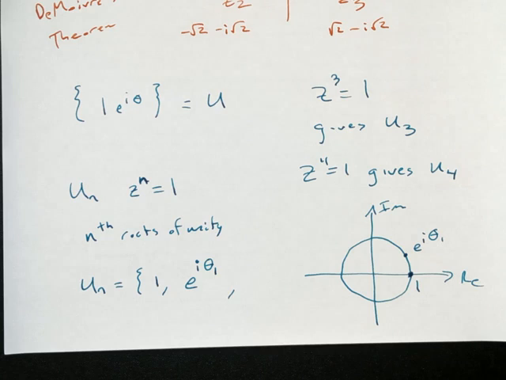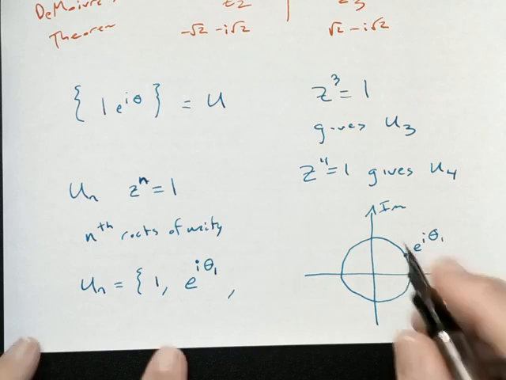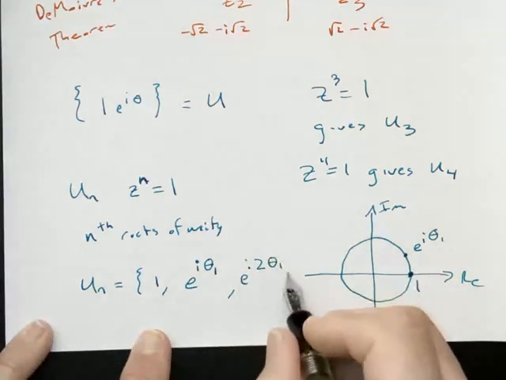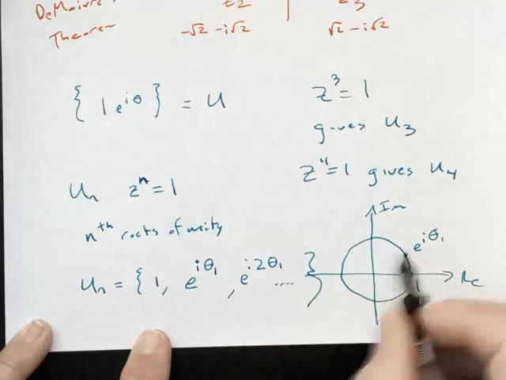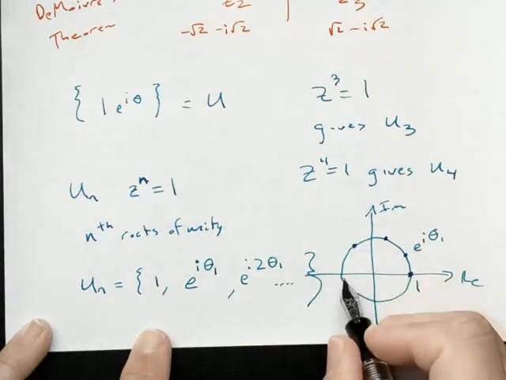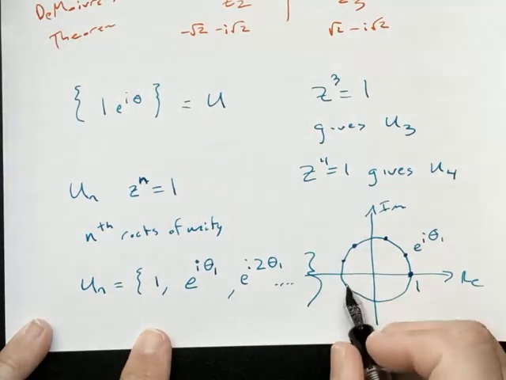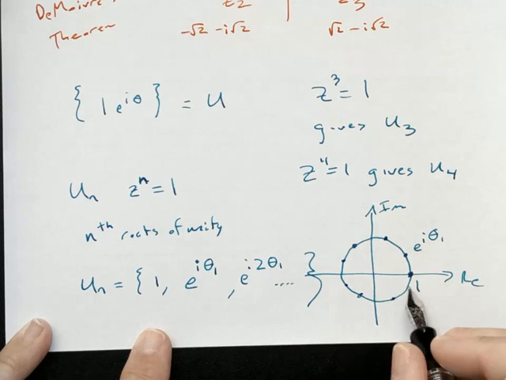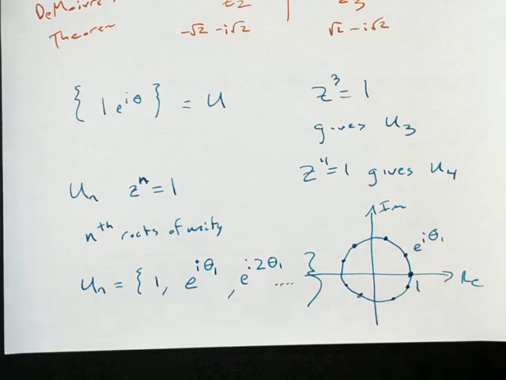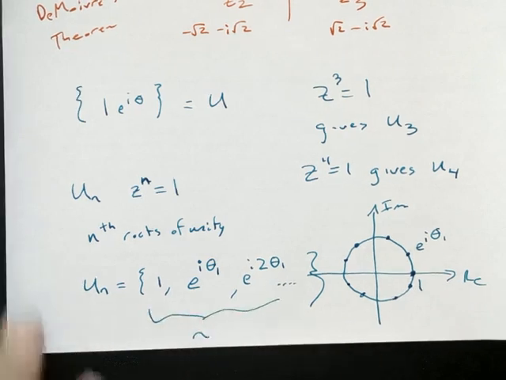Then I get 4 theta 1 and 5 theta 1, right? Eventually I get n theta 1. That will have wrapped all the way back around the circle, back at 1. I've drawn a very bad version of this, but we can eventually show that there are exactly n of these.